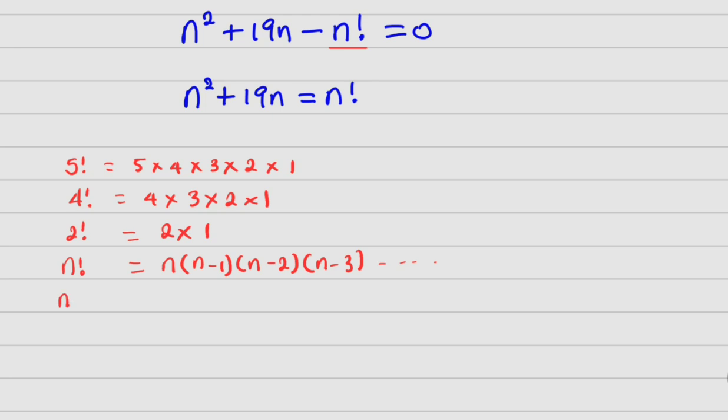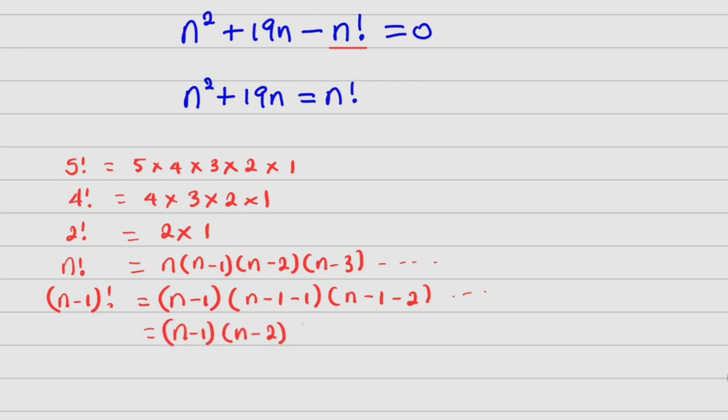So also if I have n minus 1 factorial, it is n minus 1, then into n minus 2, into n minus 3, and it moves like that.